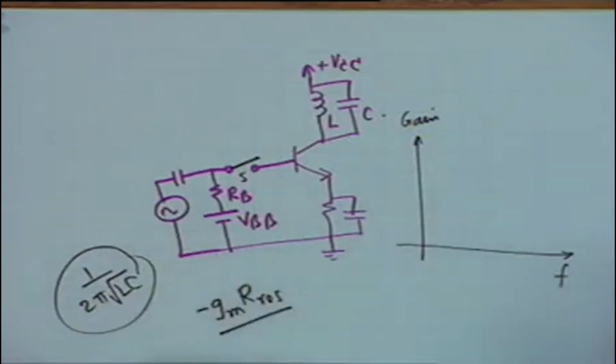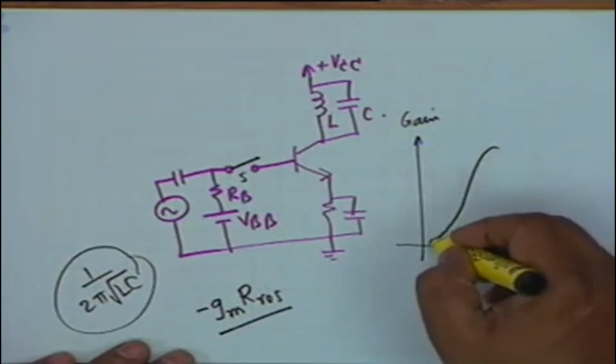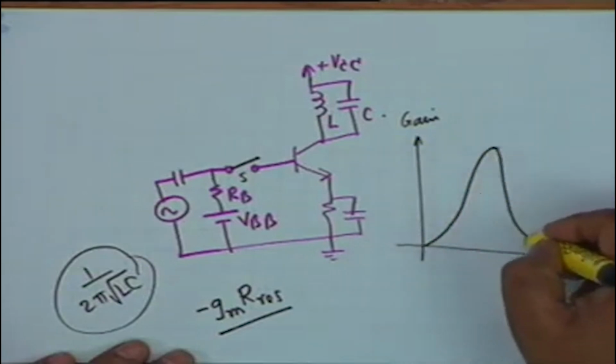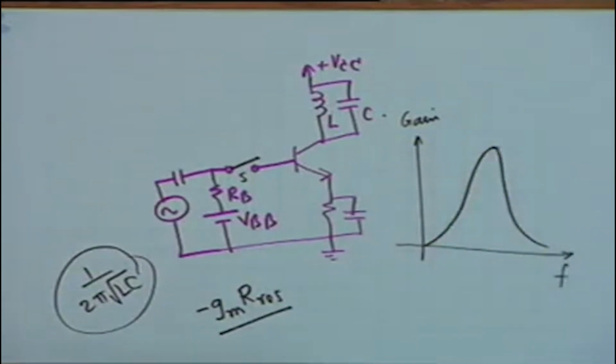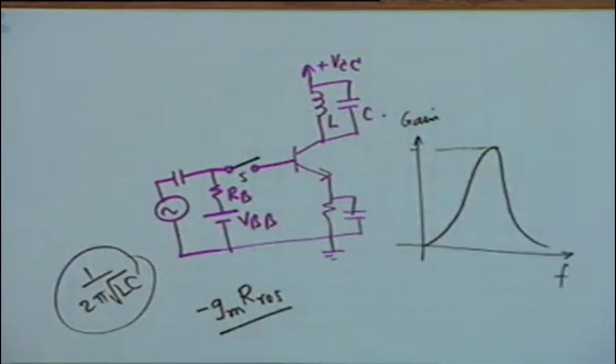If we go away from resonance, either on the right side or on the left side, the gain shall decrease, and therefore the gain shall follow a resonance curve like this, where the maximum gain shall be minus GM times the resonant impedance, all right.